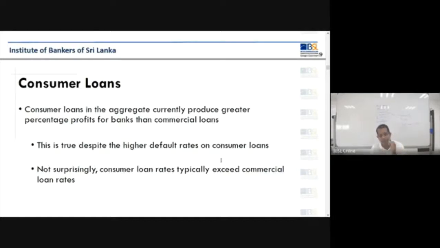Default rates may go high. So most of the banks currently focus on professionals, right? That's why these pension loans and professional loans are coming in. Housing loans, we have other benefits in giving. As a whole, consumption loans give the maximum profit, but default rates are higher.